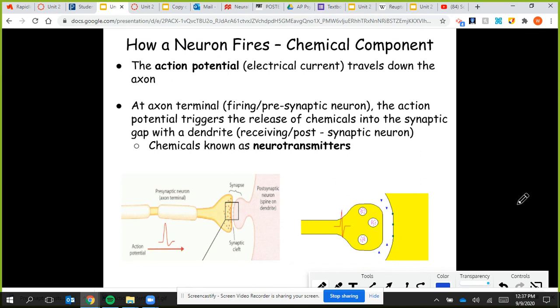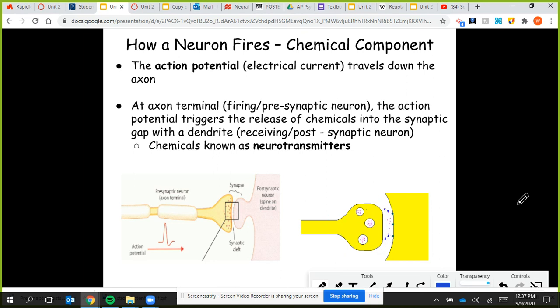Okay, now we've got to talk about what happens once that action potential gets down to the axon terminal, to the end of the axon. Okay, so this is the chemical component. The action potential travels down the axon. It's the electrical current that travels down.